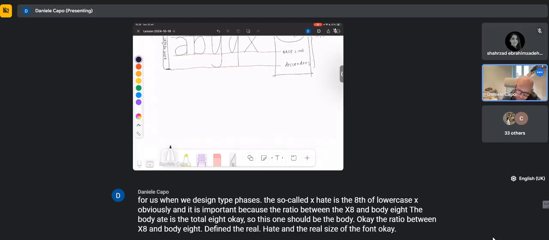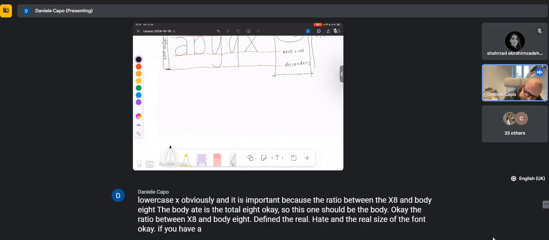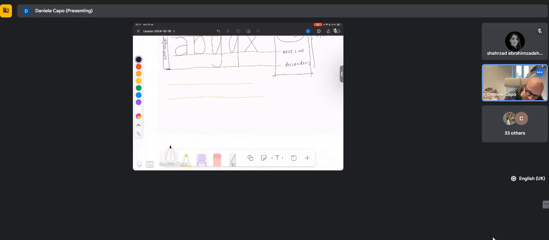If you have a font with the same body height, let's say, and with a huge x-height, this is what it looks like.